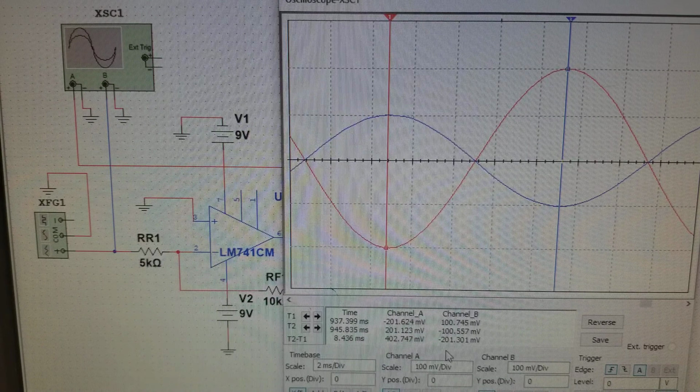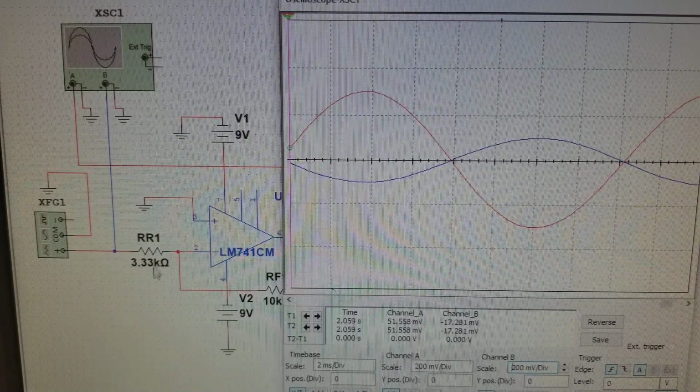So if you define the gain, you divide the voltage out of 402 by the voltage in of 201, and that'll give us a gain of 2. You could also see that the input sine wave and the output sine wave are 180 degrees out of phase.